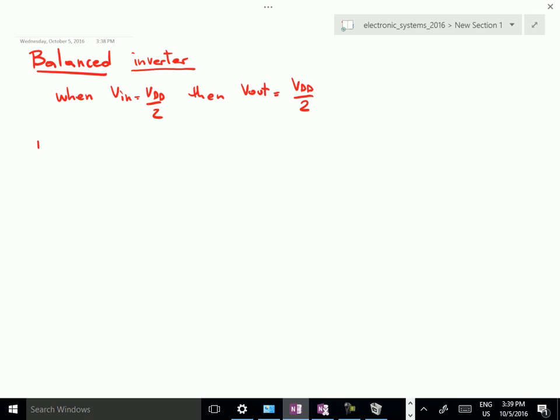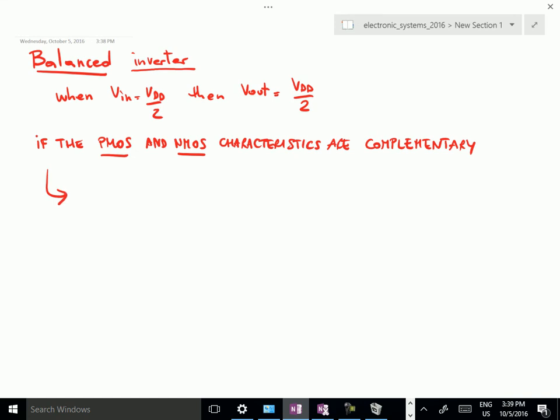And it is true if the PMOS and NMOS characteristics are complementary. And this requires that Vtp is equal to minus Vtn and Kn is equal to Kp.